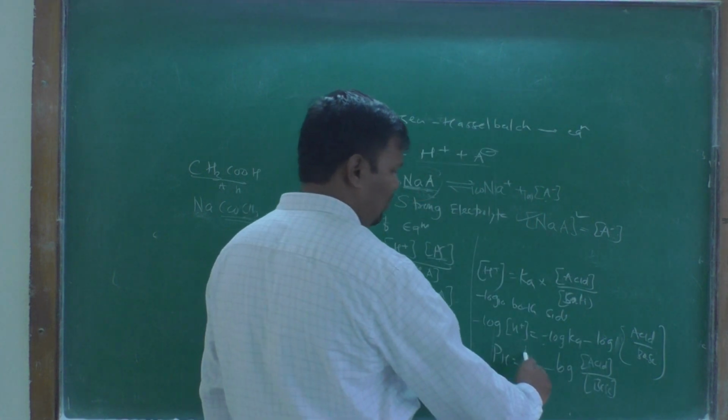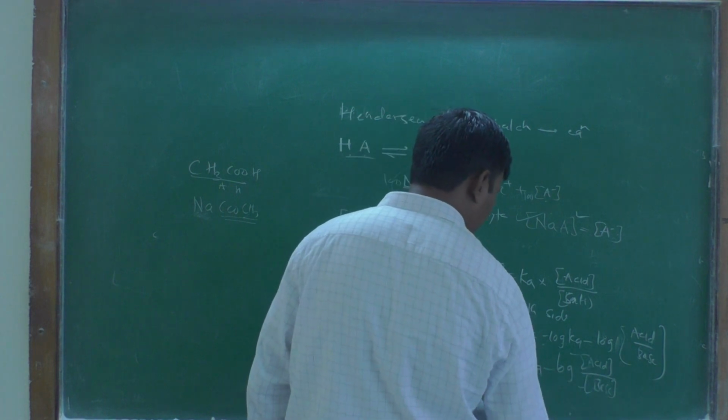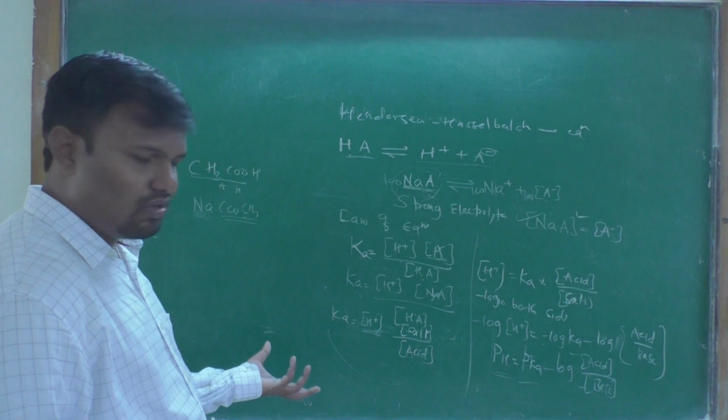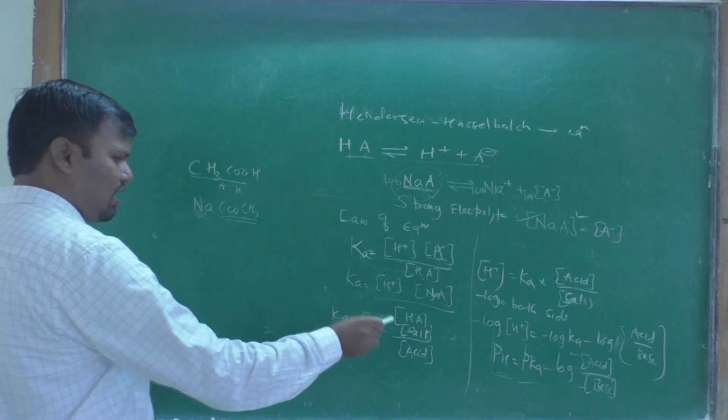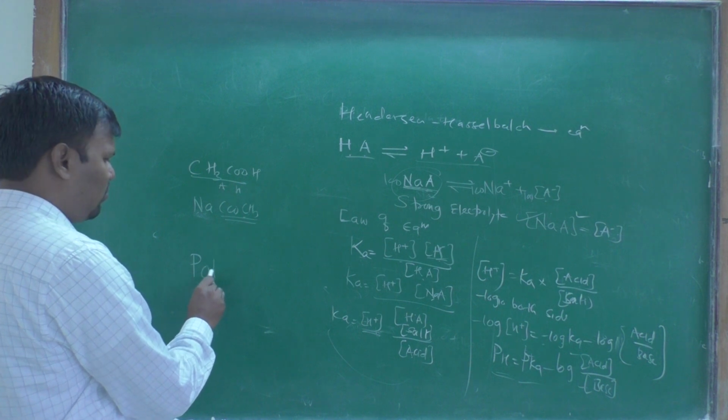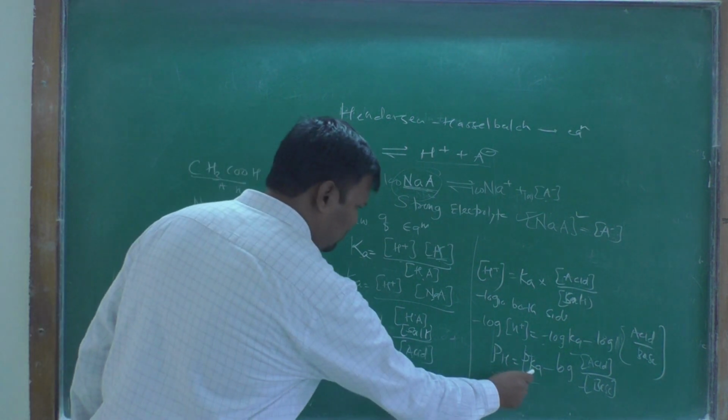By putting in these concentration values, you can find the pH for the acid. For the base, it is pOH equal to pKb.